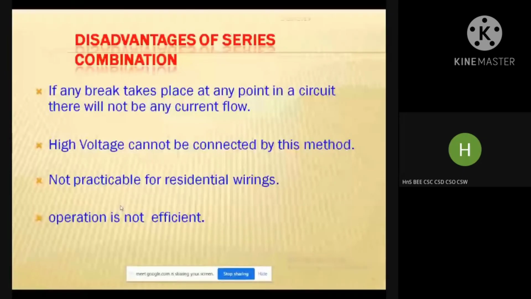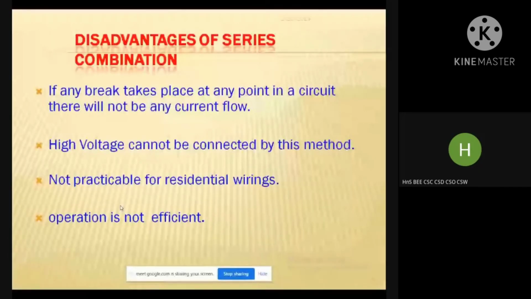In your circuit, there will not be any current flow from the switchboard to the fan or the switchboard to the TV. Turn off condition is an open circuit condition or break condition in your circuit. Simply, if there is any break at any point in the circuit, the current value is zero. If the current value is zero, automatically the total objects, what are the objects? Fan, TV, fridge, come to off condition.